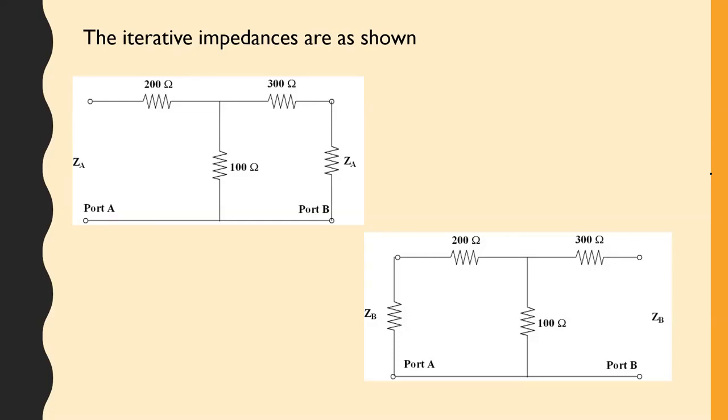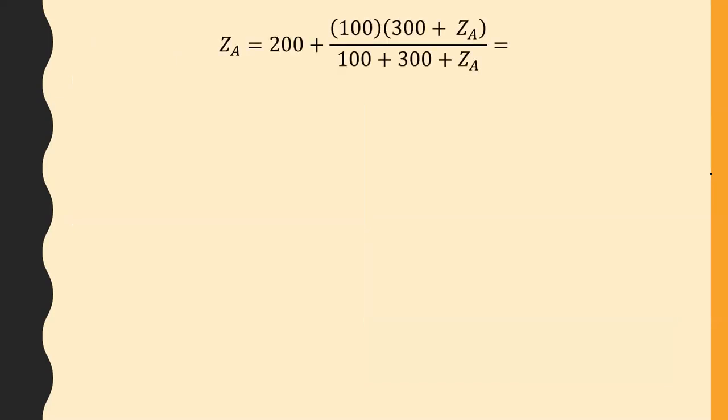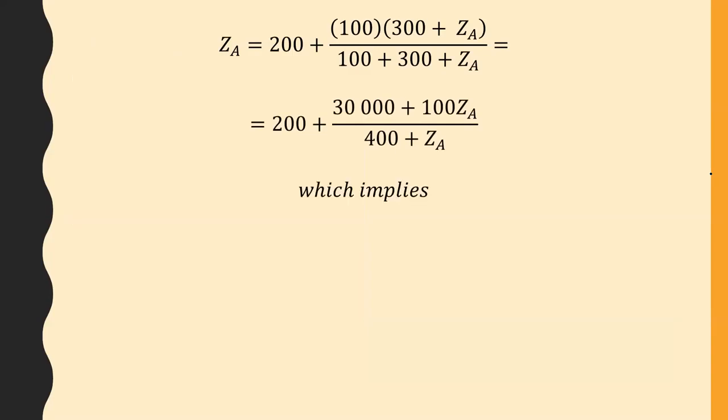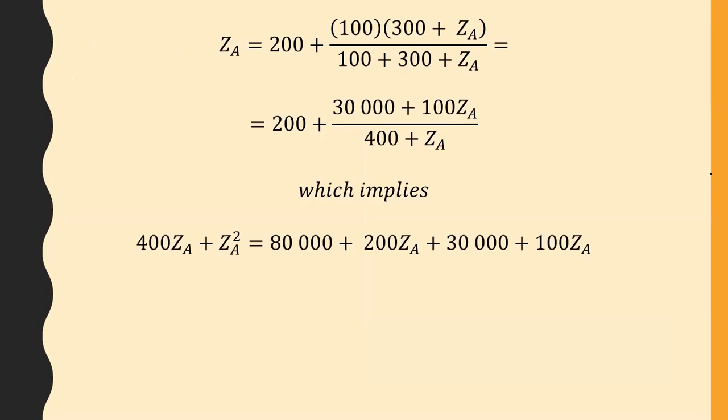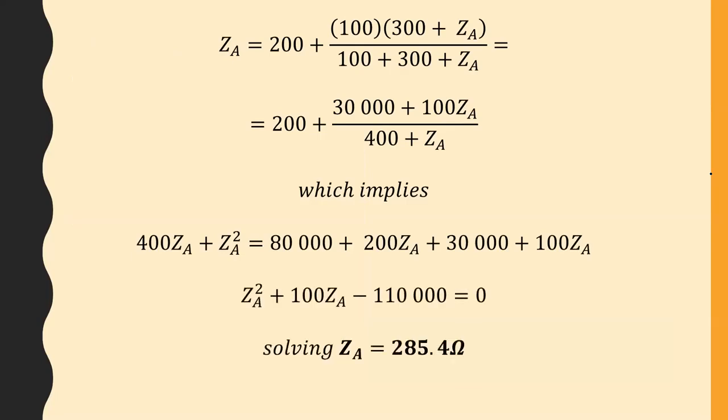Something like that. All right. So for the first one, that's our expression. And of course, you're going to end up with a quadratic, but one of these values will be negative. So you get 285.4.